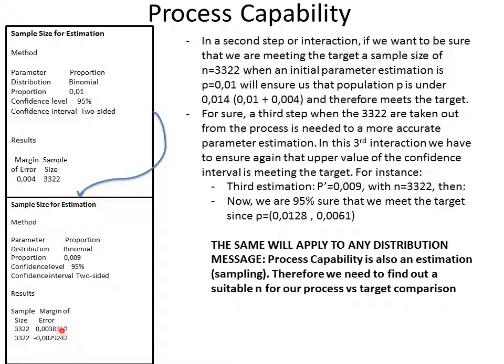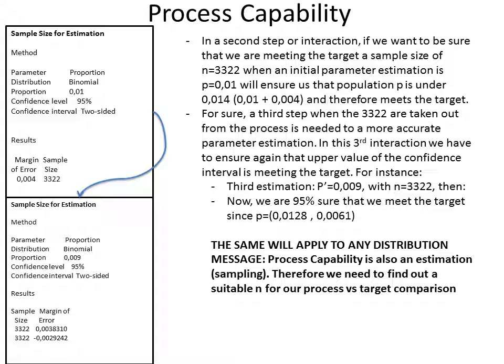So in this case, we would be quite sure of meeting customers' expectations, as the upper value of the confidence interval would be below 1.5%. That was our target.